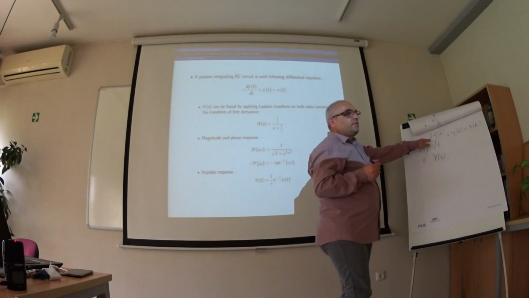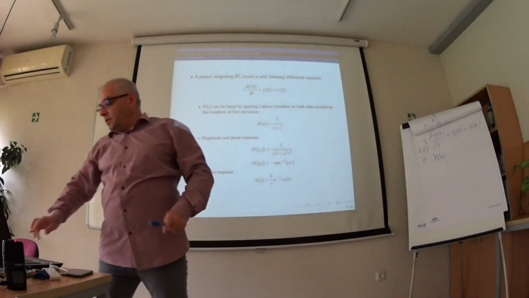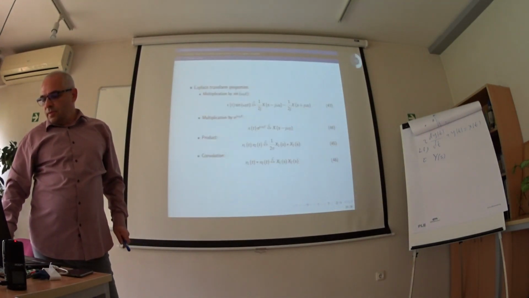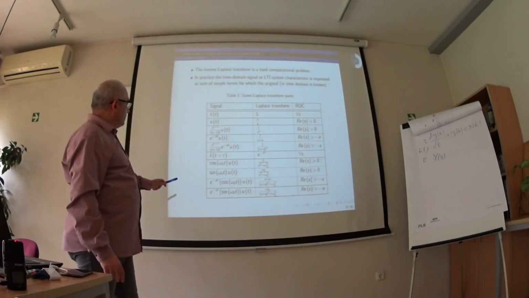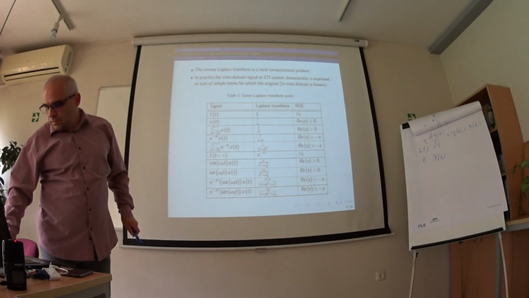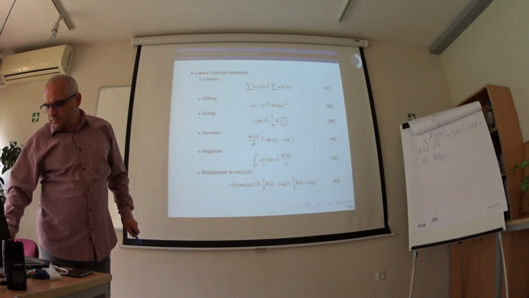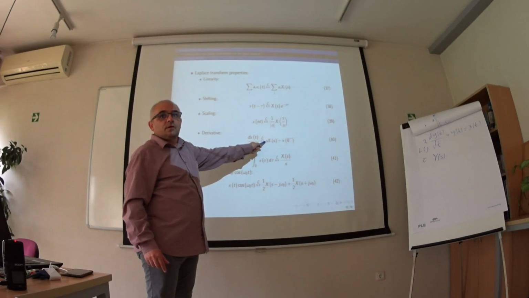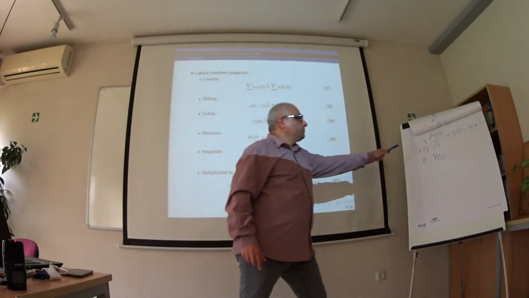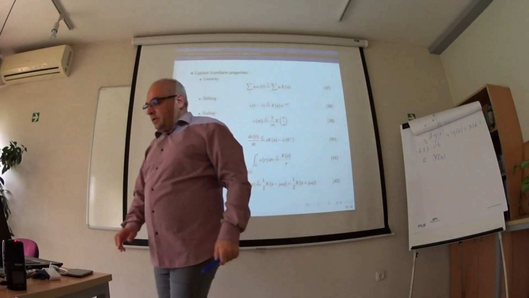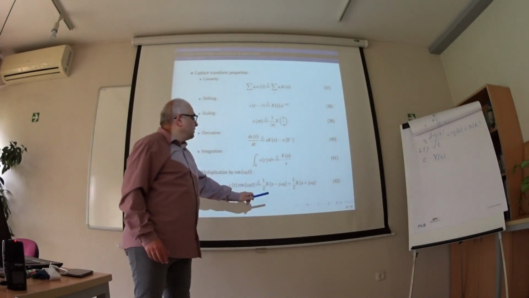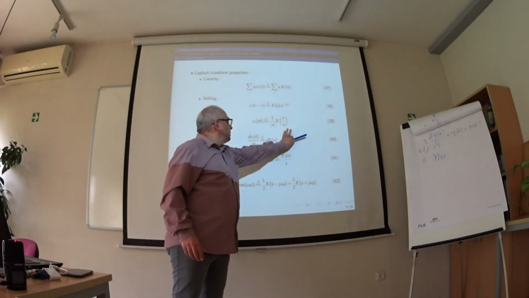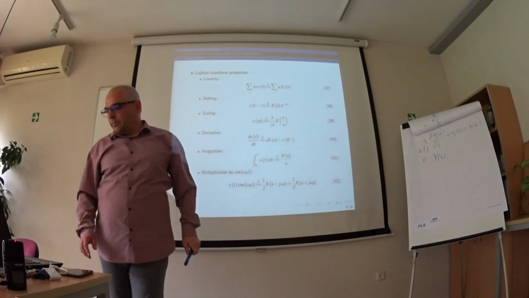But we have here first derivative. So in our table here, we can see that the first derivative we have to multiply by s. We have differentiation here. We have 0 initial condition, so we forget about this.